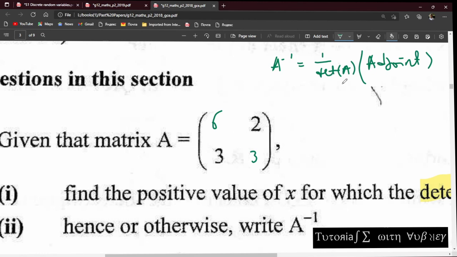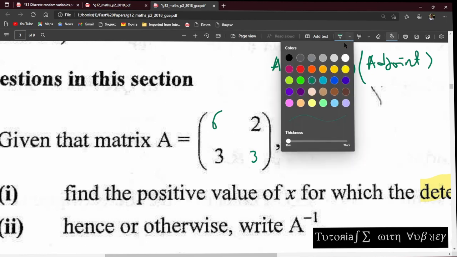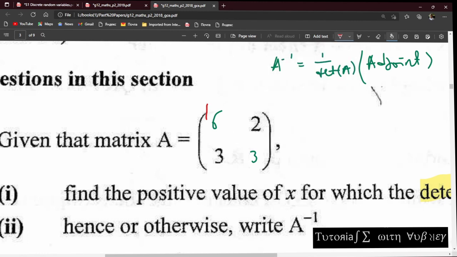To find the adjoint, first we need to swap the elements in the major diagonal. So the 3 goes there and the 6 comes down there.